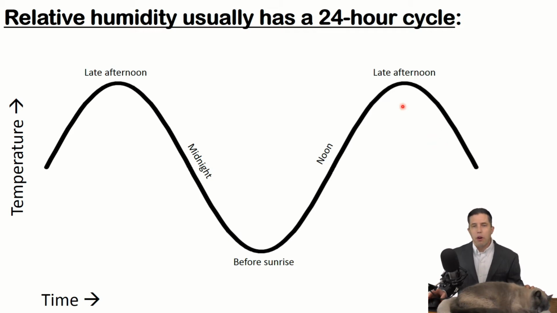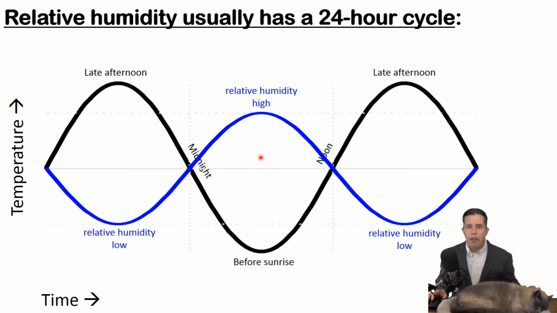Well, what we said now several times is that relative humidity depends on the temperature. That's on the bottom of that fraction that we keep talking about. So what that means is where the temperature is the warmest, we would expect the relative humidity to be the lowest. And where the temperature is the lowest, we would expect relative humidity to be the highest. So this is the kind of graph that you expect to see with relative humidity.